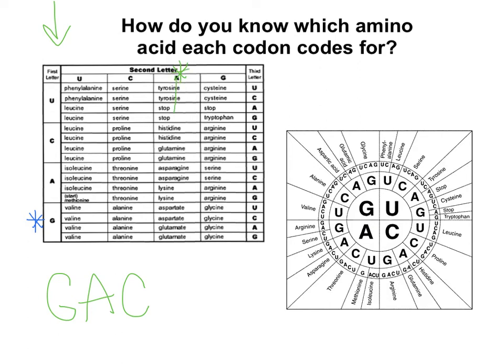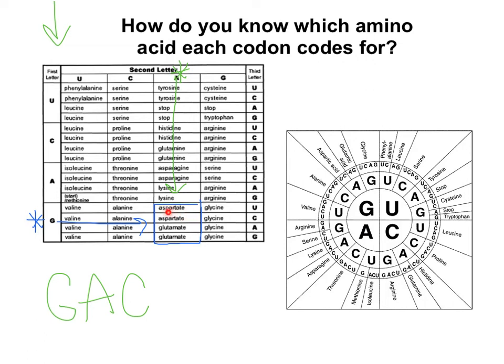I'm going to come down and I'm going to come over, and I'm going to find where these overlap. Because what do you think I'm going to do next? I'm going to look over here and find my third letter. There are 4 options for your third letter: U, C, A, or G. So all you do is look over here on your third letter and find where that last one intersects.